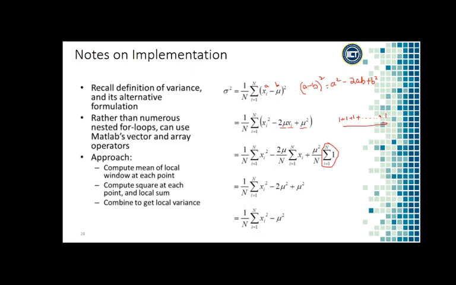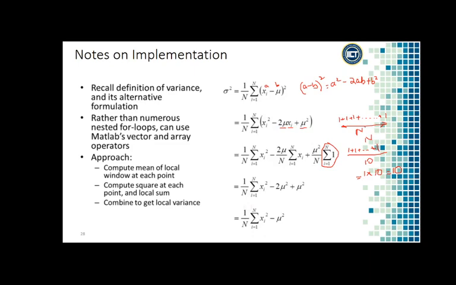So this is n. If 1 is added n times, it will result in n. Let's say if you add 1 ten times, what you get is 1 multiplied by 10. So it's the same, right?